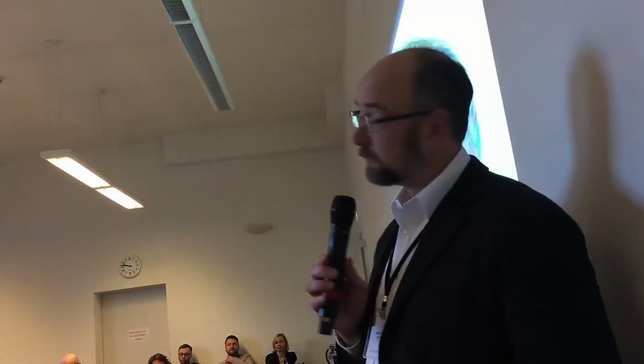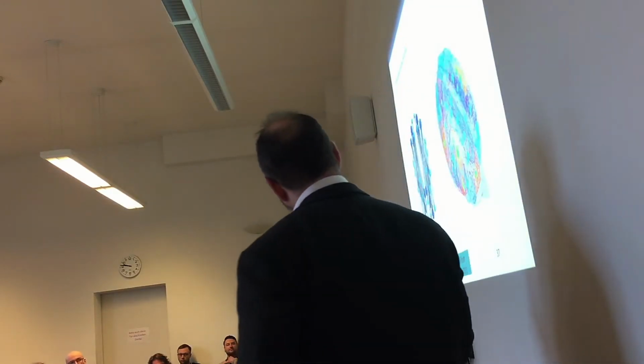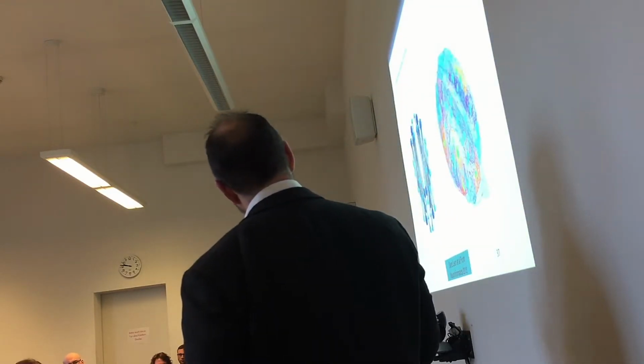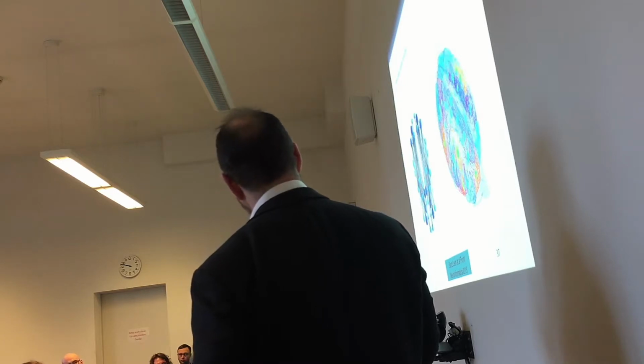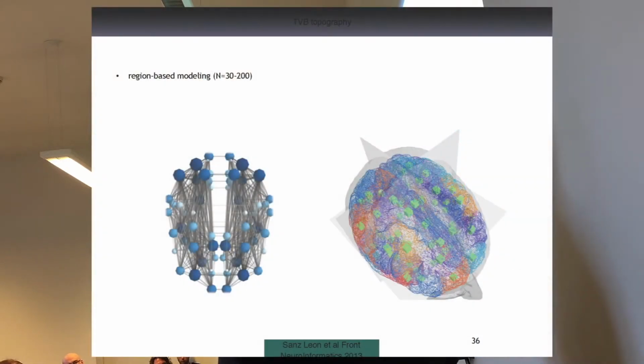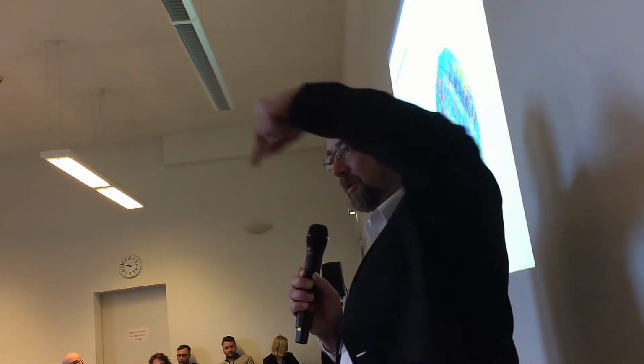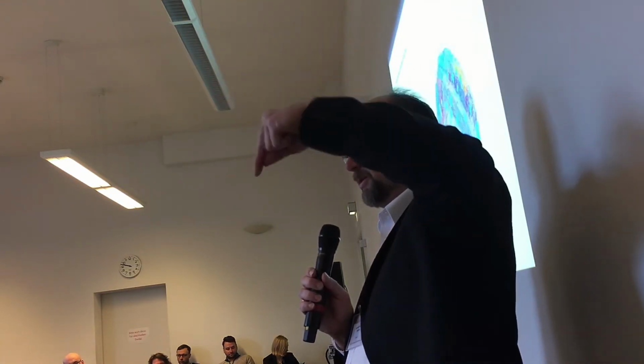So region-based modeling, we've done as few as 30, and have gone up as much as 200, maybe even more now. I can't remember the last count we had for those. The main thing for region-based modeling, of course, is you're not looking at the spread from a region. So regions try to capture all of the dynamics that are happening in that local tissue, lumped into a single region of interest.